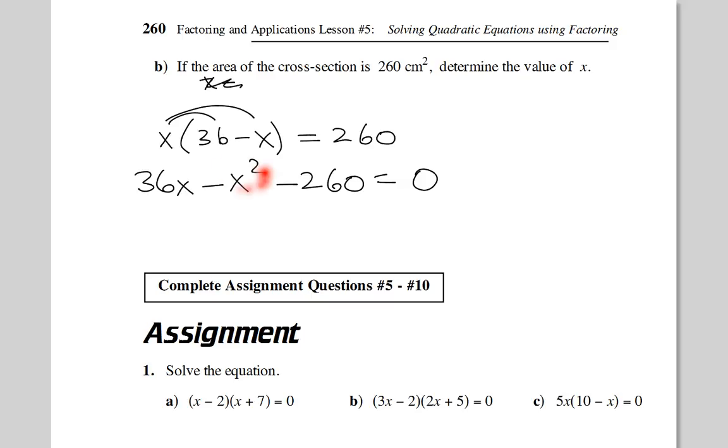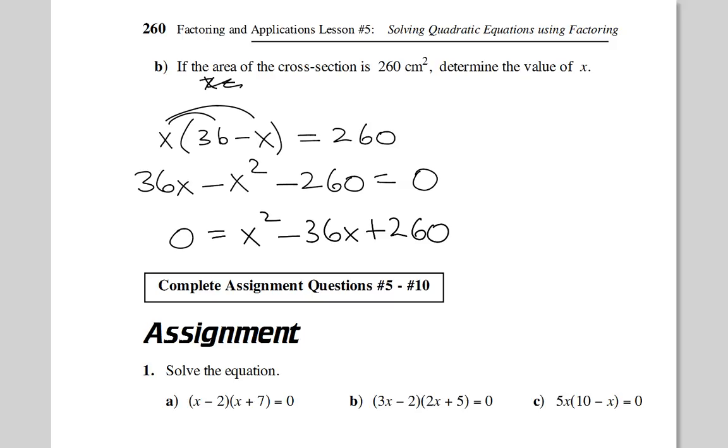This is my biggest pet peeve with factoring: a negative lead coefficient. So I'm going to bring all these things over to the right, because that's a personal thing. So I'll put the x squared, a minus 36x, and a positive 260. Just rearranging it, making sure I'm comfortable with sign. Now it's easier for me. Now I'm guessing and checking 260. 26 times 10.